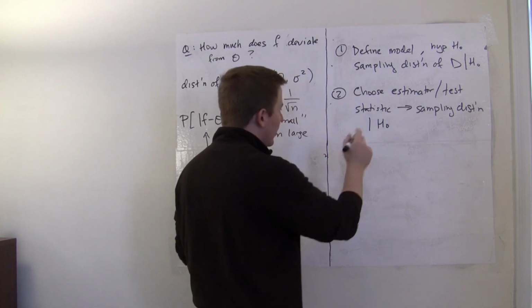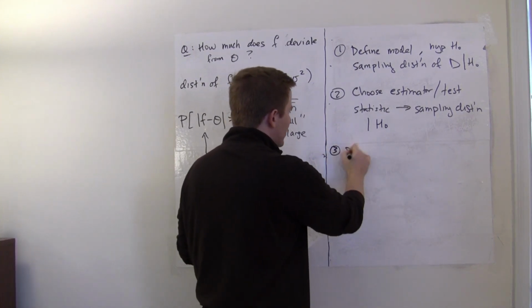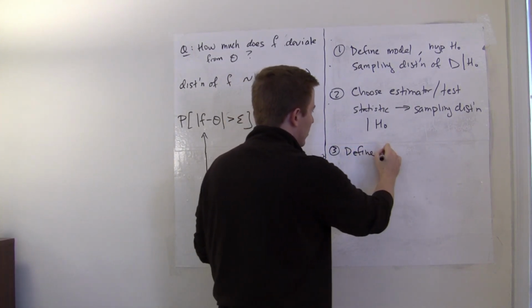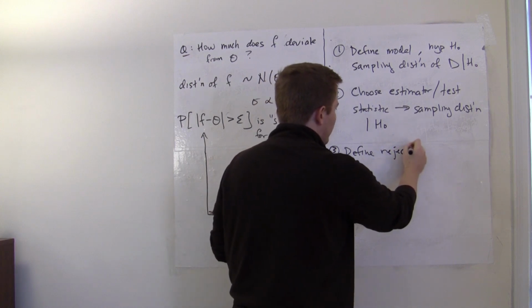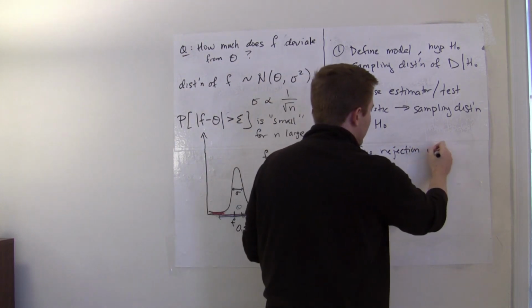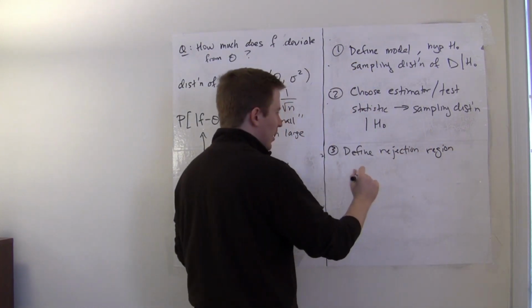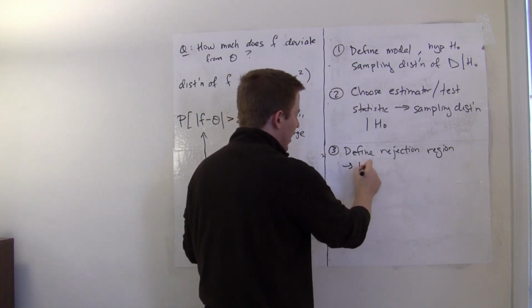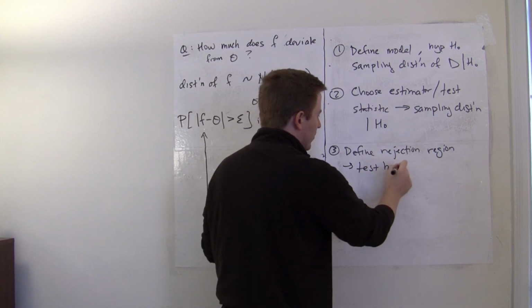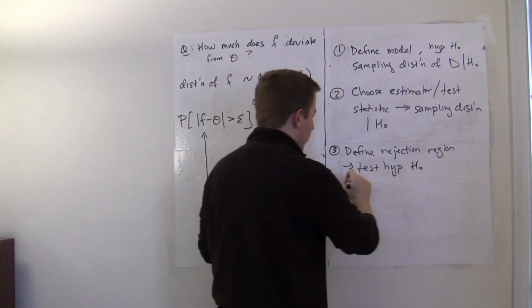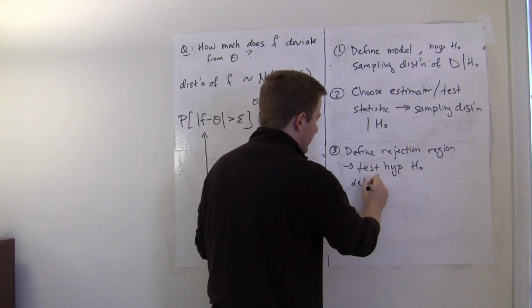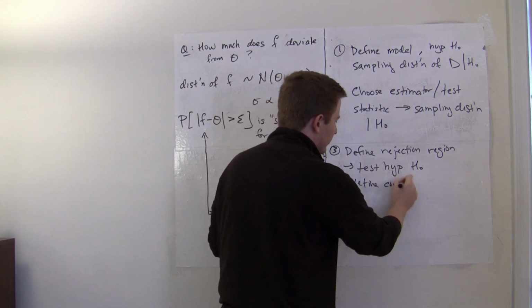Then maybe define a rejection region or acceptance region or significance level, and then use that to test the hypothesis, H0, or calculate a confidence interval or whatever it is.